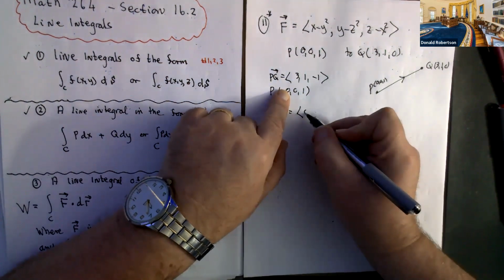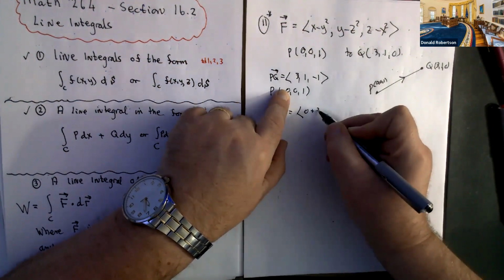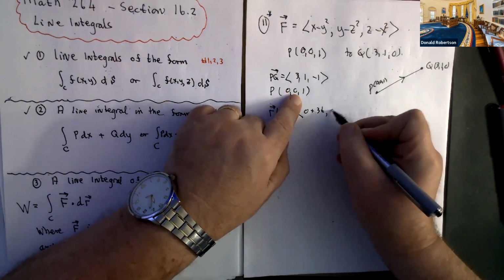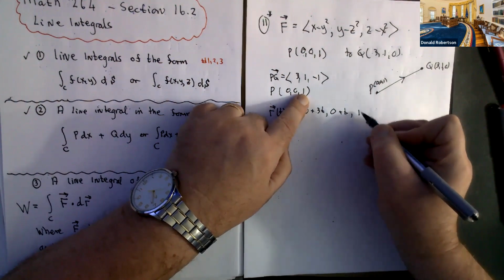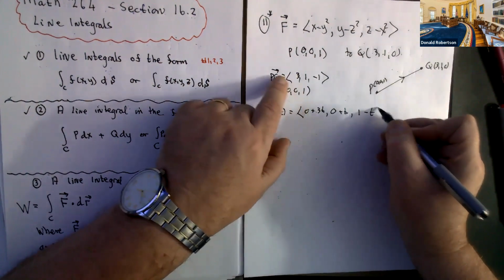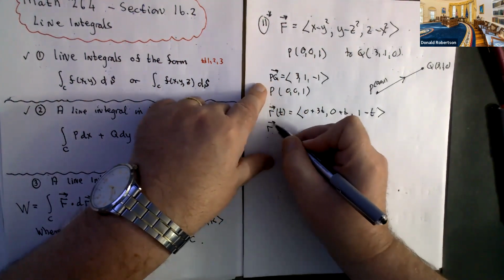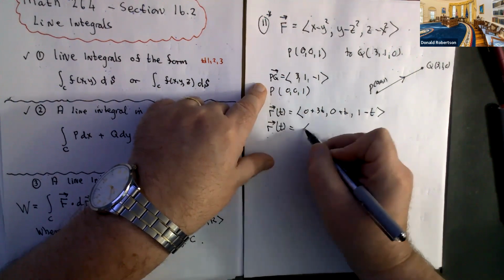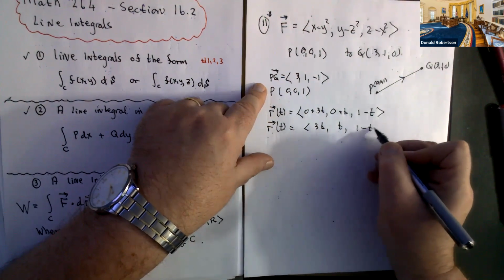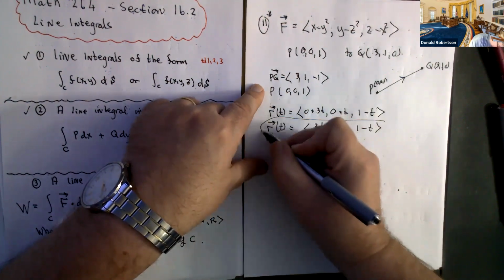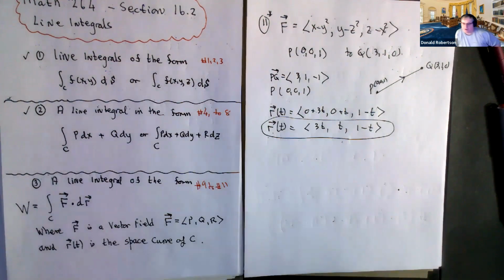So 0 plus 3t, 0 plus 1t, 1 minus 1t. And so our space curve is 3t, t, and 1 take away t. Are you happy about how we got the equation of the line from P to Q?